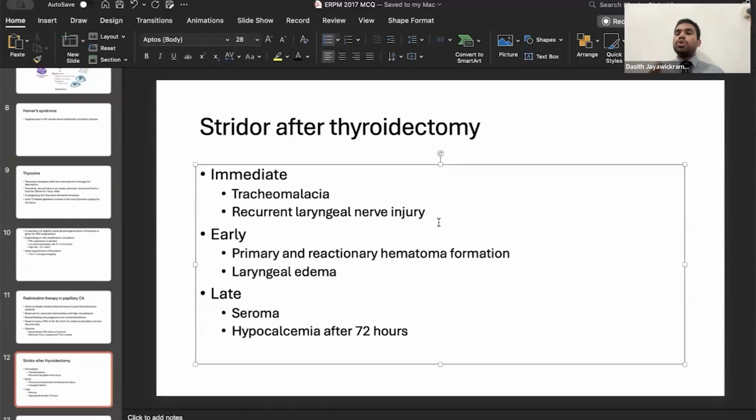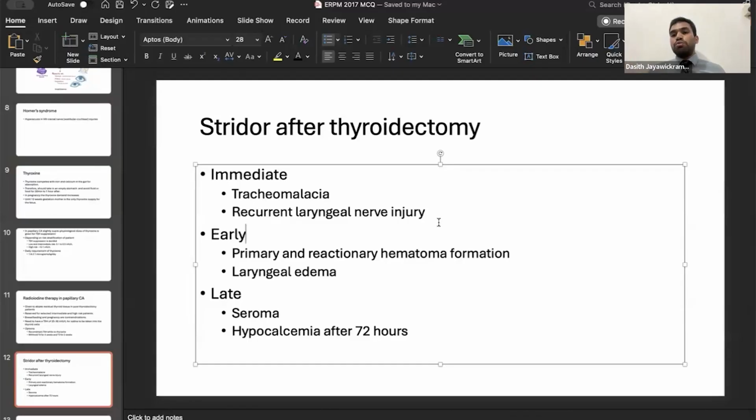But when you take out the large goiter, there's no more support for these softened cartilage rings. So what happens in inspiration? There's negative pressure inside the trachea. So the upper airway collapses. This causes respiratory compromise, airway compromise.